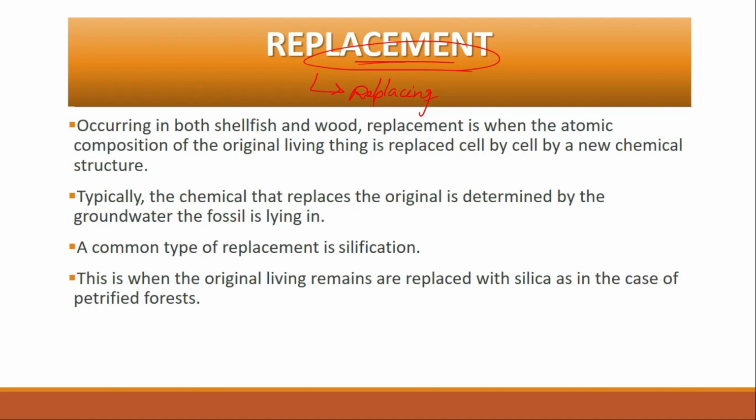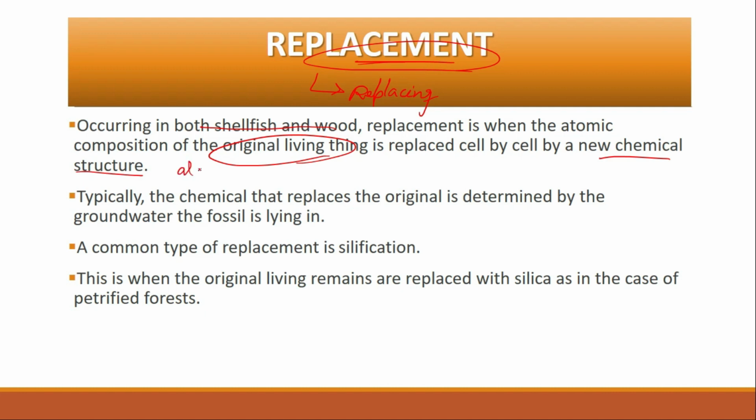So what is actually happening here? In this type of preservation, the organic material in the original organism is completely replaced by inorganic substances, molecule by molecule. See, it occurs in both shellfish and wood. Replacement is when the atomic composition of the original living thing is replaced cell by cell by a new chemical structure.